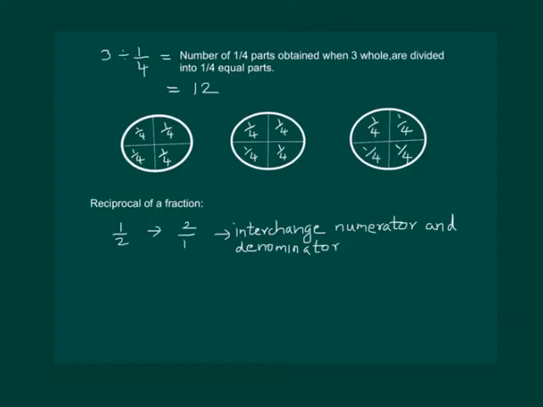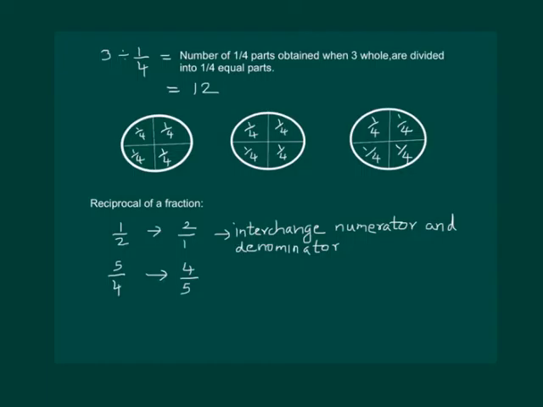So basically we interchange the numerator and the denominator. Similarly, the reciprocal of 5 by 4 will be 4 by 5. So now we can understand the division 3 divided by 1 by 4 as changing the sign of division to multiplication and reciprocating the fraction.